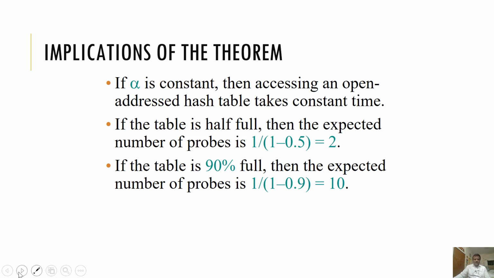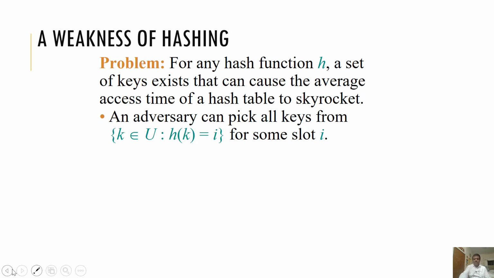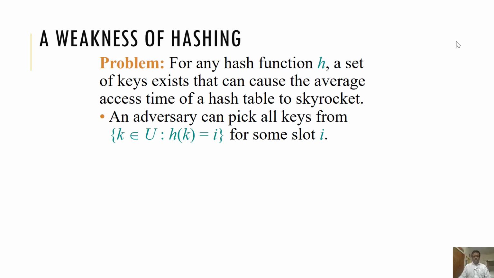Okay, so the next topic we will discuss is what is called universal hashing. For that we need to discuss the weakness of hash functions. Let us talk about the fundamental weakness of a hash function. Any hash function is a function from a universe of keys to a fixed number of slots.